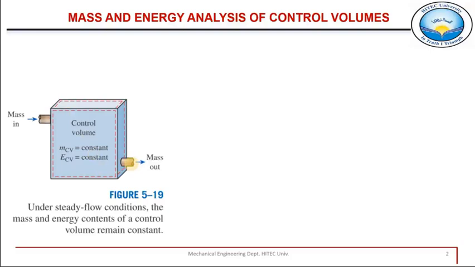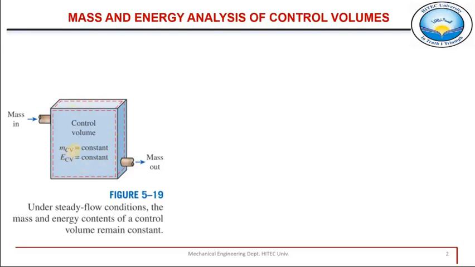We shall be restricting ourselves in this chapter to only steady flow systems. Steady flow systems mean that the amount of mass entering and the amount of mass leaving is the same, so the mass of the control volume with respect to time is constant. A steady flow process has a number of characteristics.